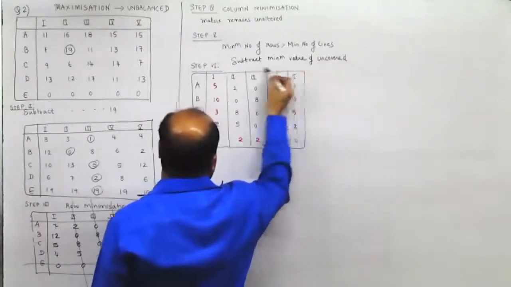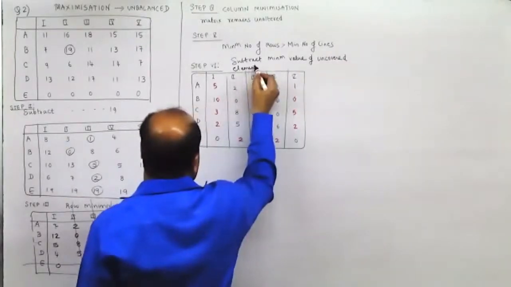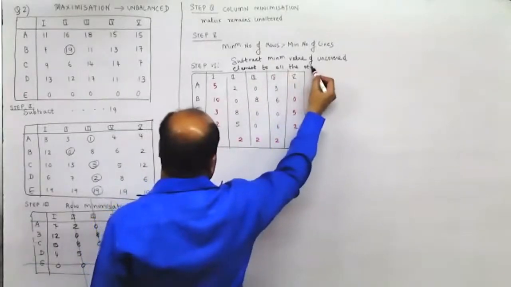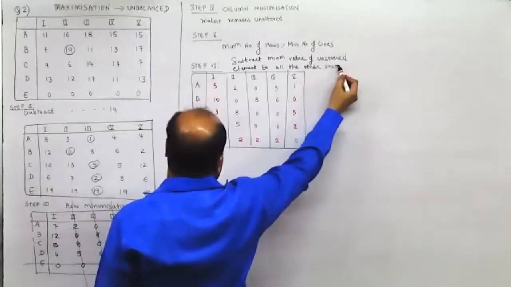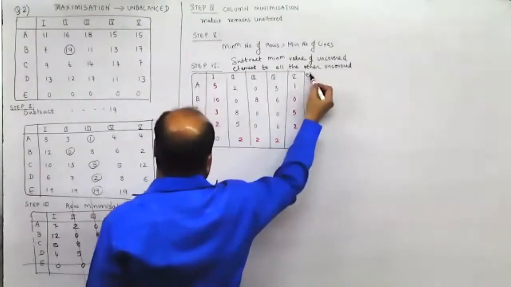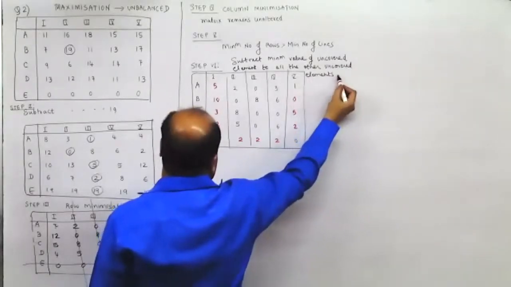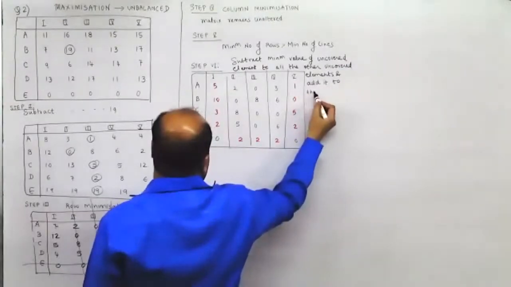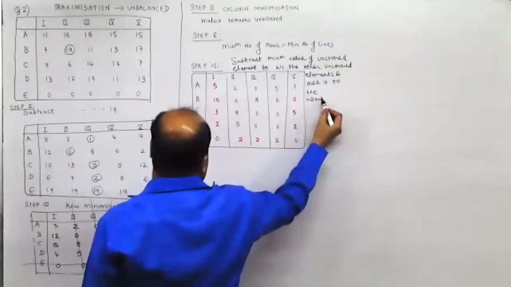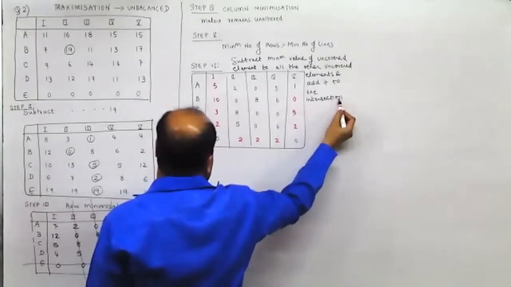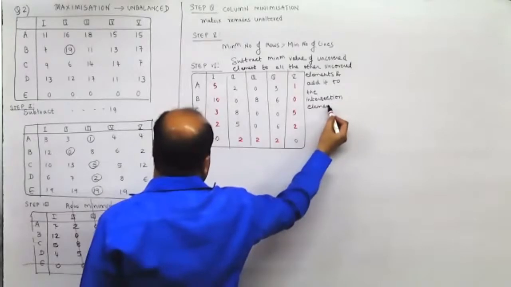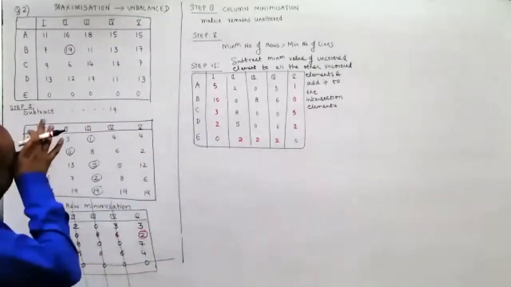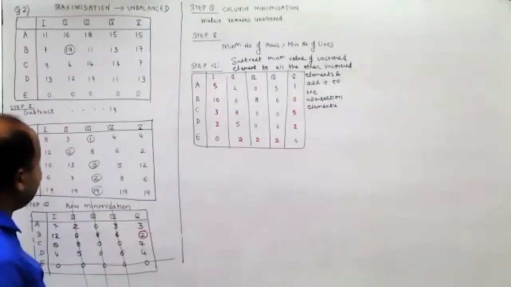Subtract minimum value of uncovered element to all the other uncovered elements and add it to the intersection elements. How many lines do you need now? Can we manage it with lesser number of lines?